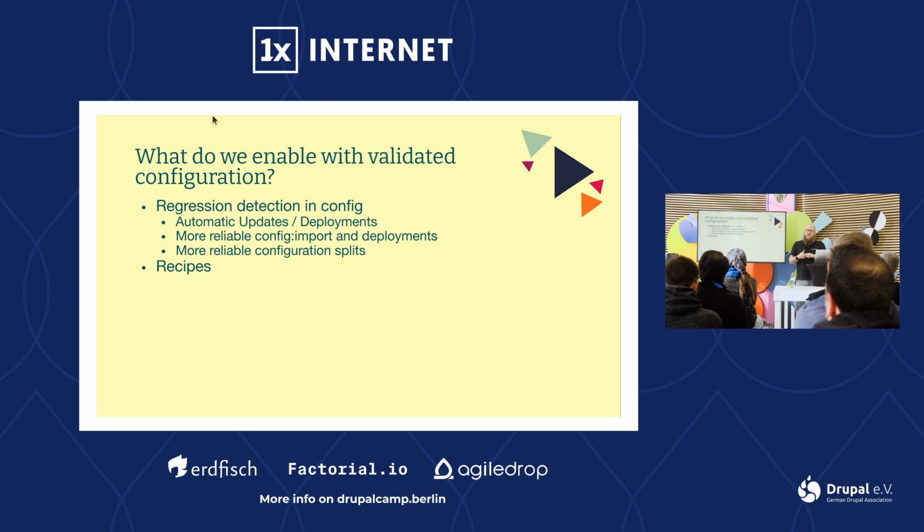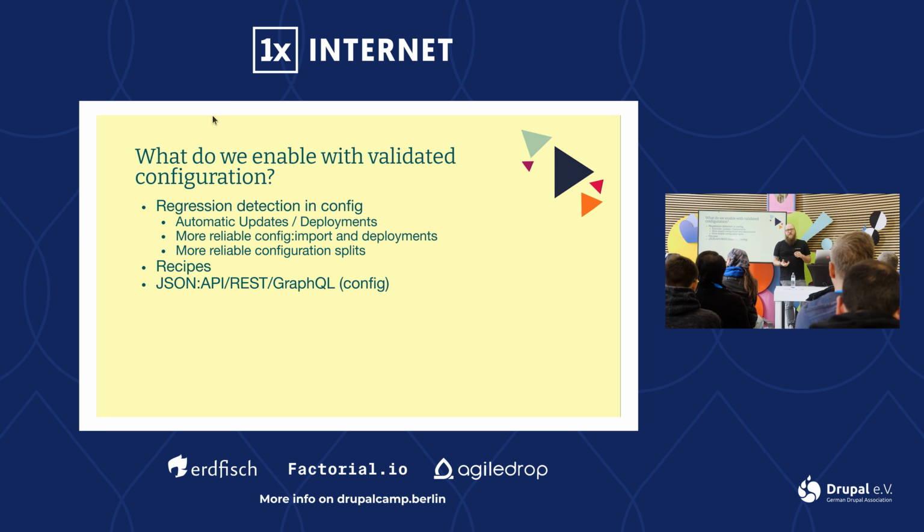It enables recipes, because recipes are just a bunch of config actions. Those config actions need to transform your configuration into something that's sensible. It allows you to do JSON:API or REST or GraphQL or some other HTTP standard for configuration, which in turn allows us to build a truly decoupled admin, which I think is what Experience Builder is trying to be.